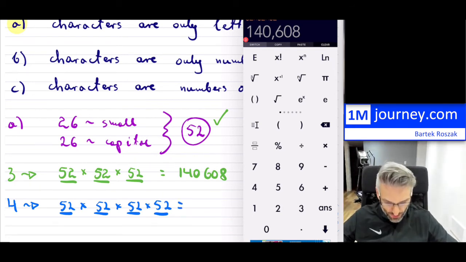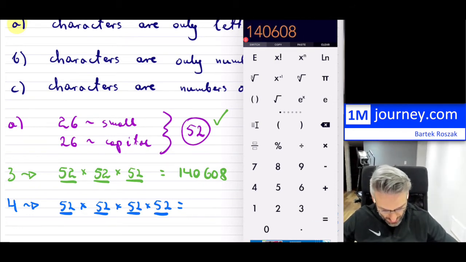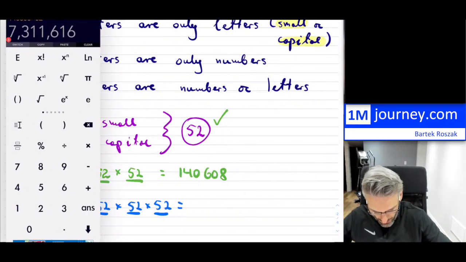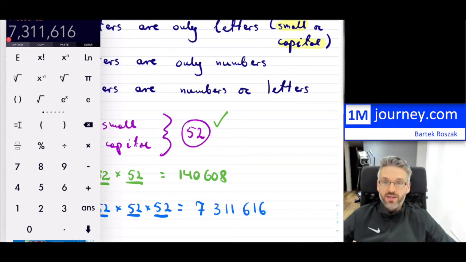I already did it 3 times, so I'm going to take this answer and multiply it by 52 again. And notice that this thing just starts to balloon. So 7,311,616. That's how many outcomes I would have for 4-letter passwords.